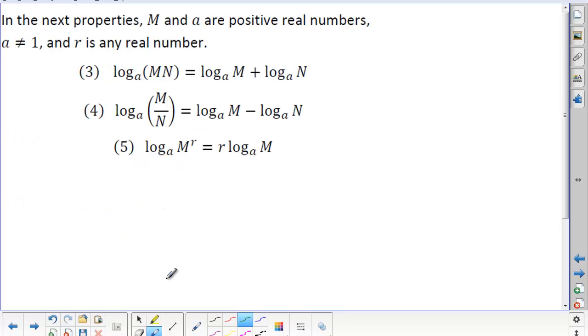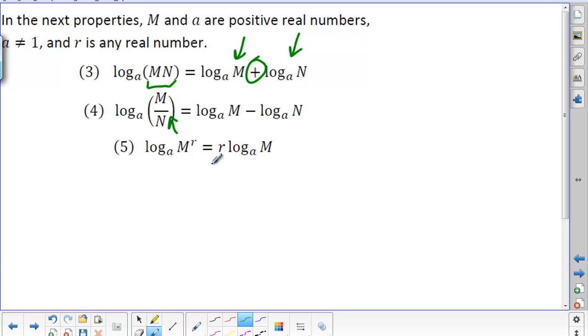Okay, these next three properties look like a lot to take in, but they're not too bad. They're related to some properties of exponents, but what this says is if you have log base a of m times n, you can break that off into two separate logarithms with a sum in the middle. So multiplication inside a logarithm becomes a sum.